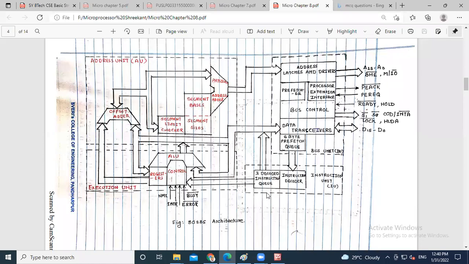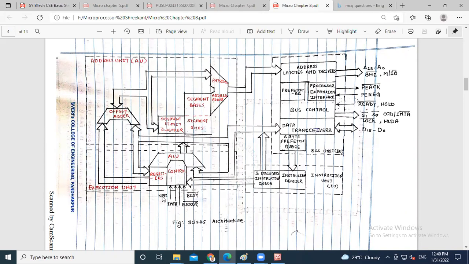It means the 80286 is almost the 8086, with only a few features added. The address unit you studied, the execution unit you studied, the physical unit, segmentation basis, and offset address you studied. Now I will move through them one by one.